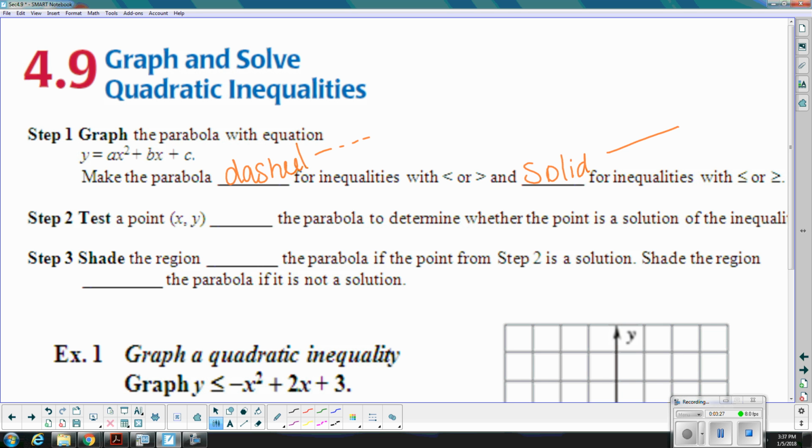Then you should test a point that is inside the parabola to determine whether or not it's a solution for the inequality. And then you should shade the region inside if it is a solution, and outside if it is not a solution.